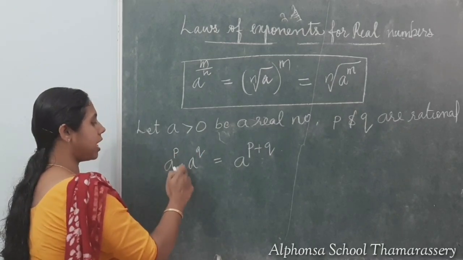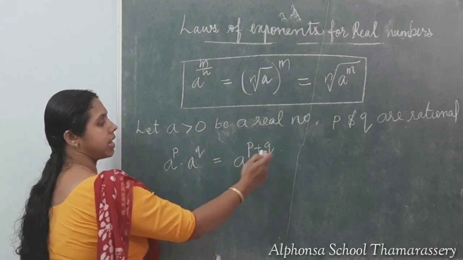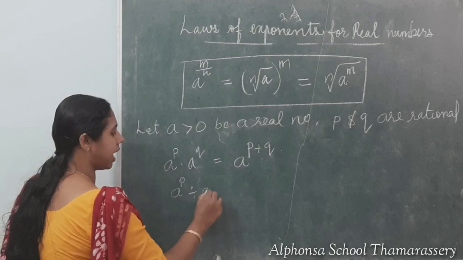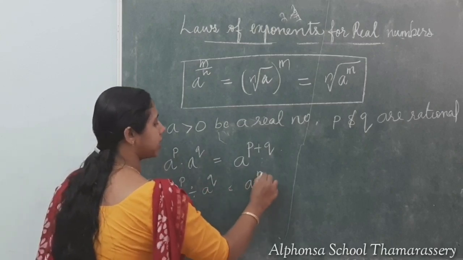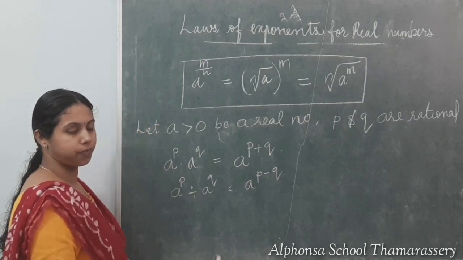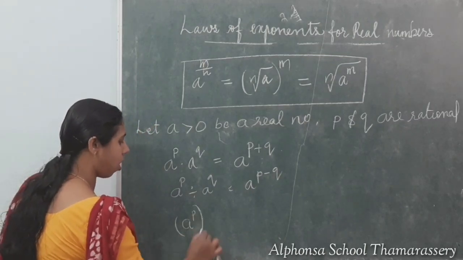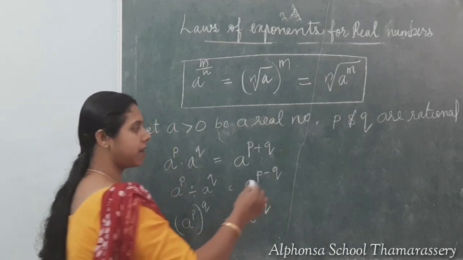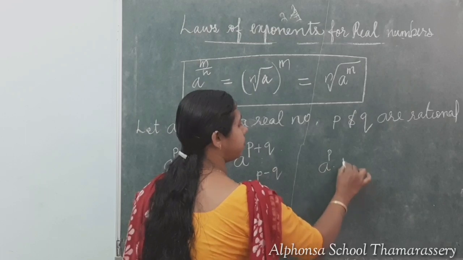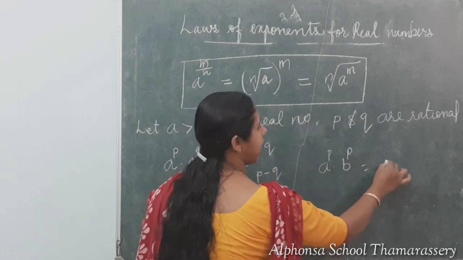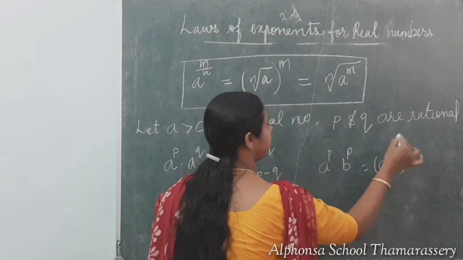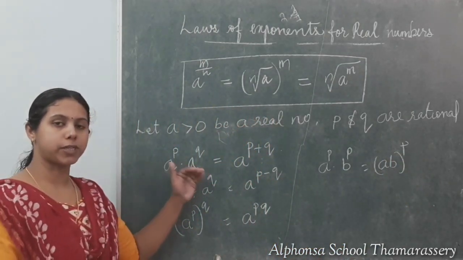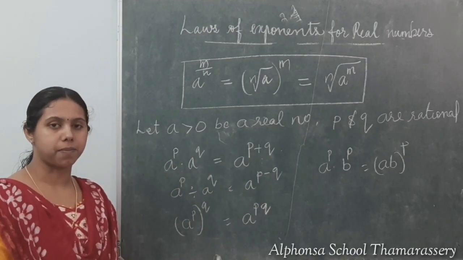Then A raised to P into A raised to Q is equal to A raised to P plus Q. A raised to P divided by A raised to Q is equal to A raised to P minus Q. And A raised to P whole raised to Q is equal to A raised to P into Q. In the same way, A raised to P into B raised to P is equal to AB whole raised to P. So we extend the laws of exponents to the rational numbers.